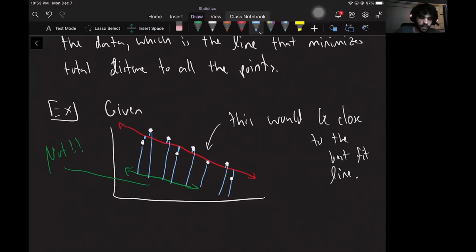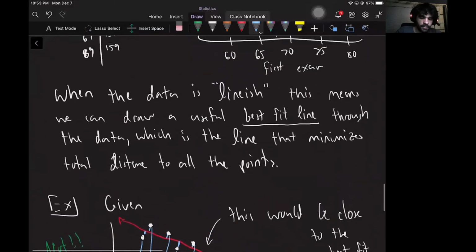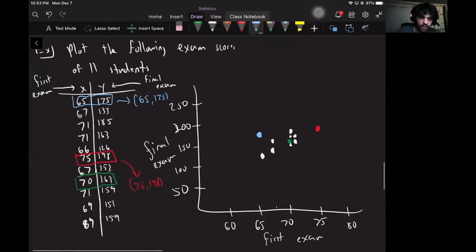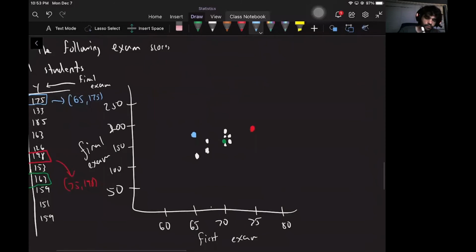But really, you can just eyeball it. It's the line that goes through the data the best. That's one way to think about it. So now if I do it up here, it's going to look something like this. It's got to be a straight line, so try to make it as straight as possible. But in any case, that's fine. So you just really eyeball it.